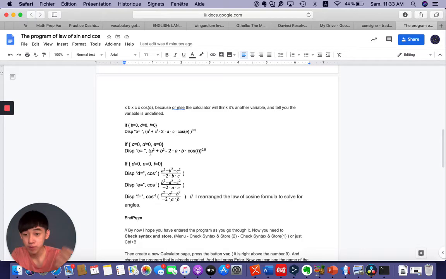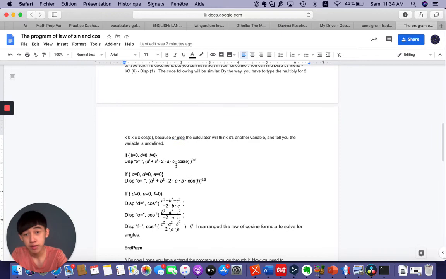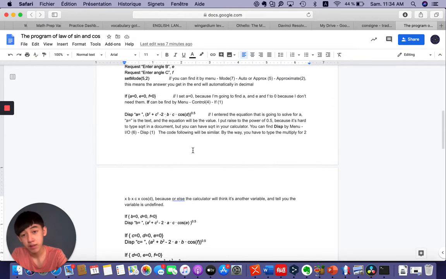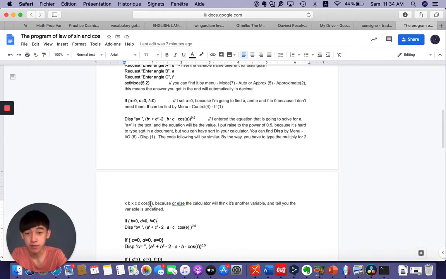So I have one side and two angles that I don't know. That's the case here. And I put D and F because D and F are the other two angles, because in every case it will be different as you switch from A to B to C.